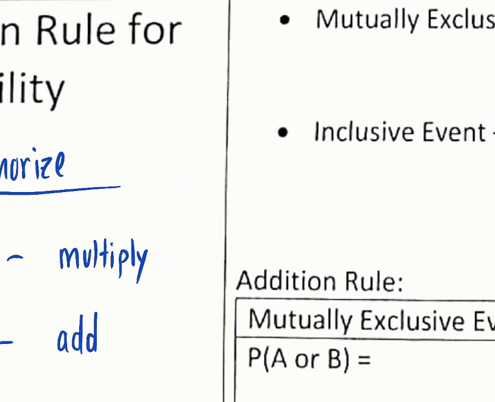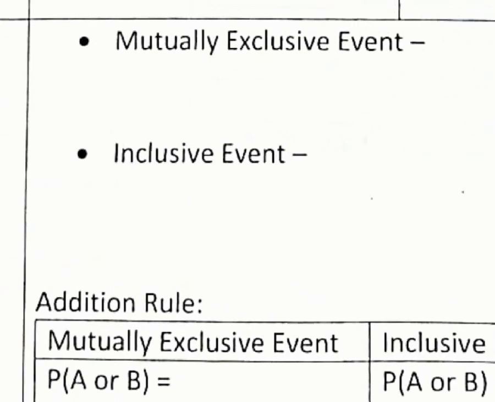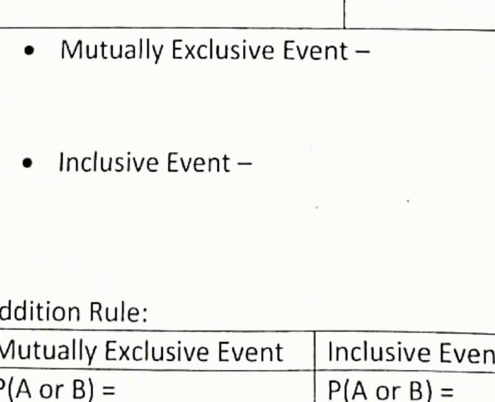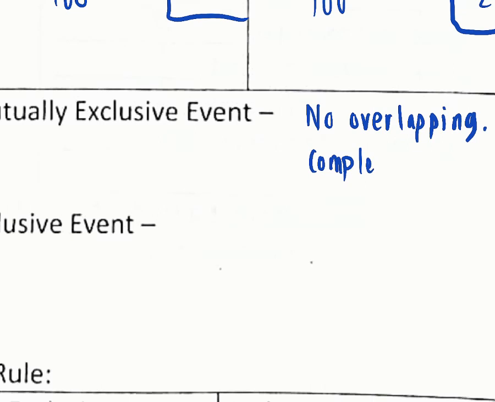Okay, now let's go over here to the more complicated stuff. Mutually exclusive versus inclusive. So mutually exclusive means that there is no overlap. They're completely different or separate possibilities.